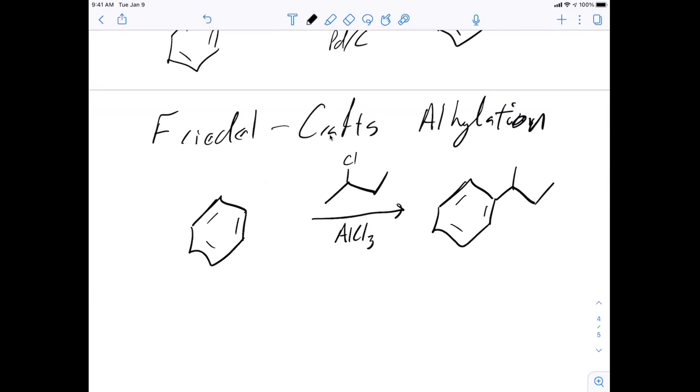What this one does is add an alkyl group to the benzene. Okay. The important thing to remember here is I've made a carbon-carbon bond. Carbon-carbon bonds means I've changed the carbon skeleton. Anytime you see a carbon-carbon bond making or bond breaking, you should make special note of that.